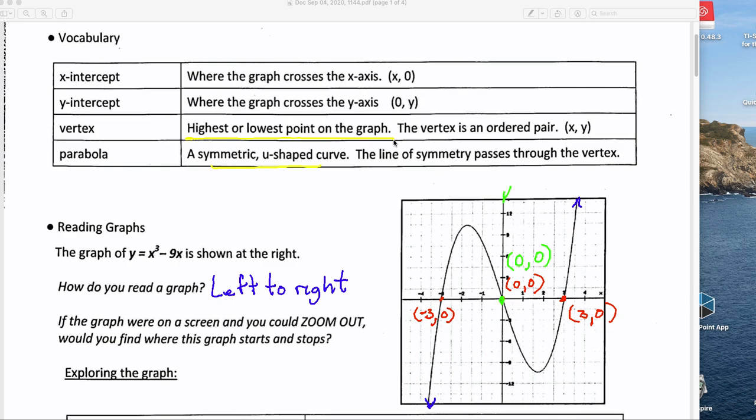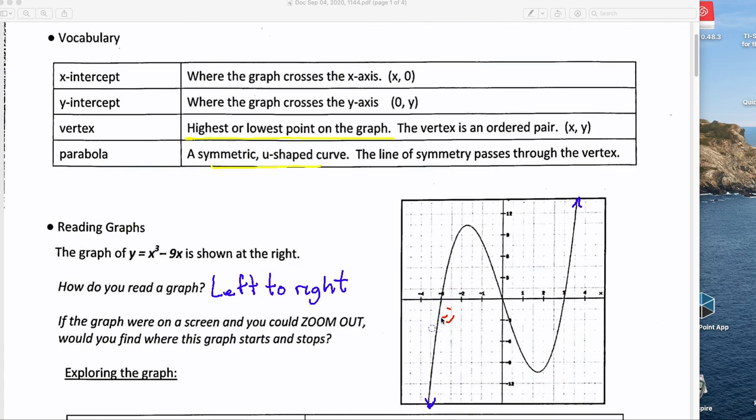Okay, the next question says, is there a maximum or a minimum, and if so, where? Let's erase some of this again so you can see this. Maximum and minimum are up or down. They're not left or right. If I'm looking for the highest or lowest, I'm looking up or down, so I'm looking along the y-axis.